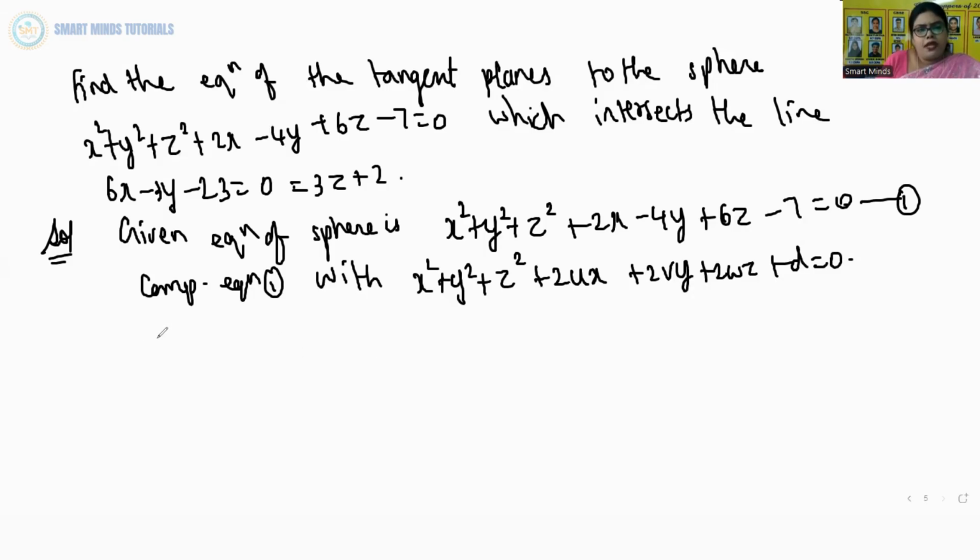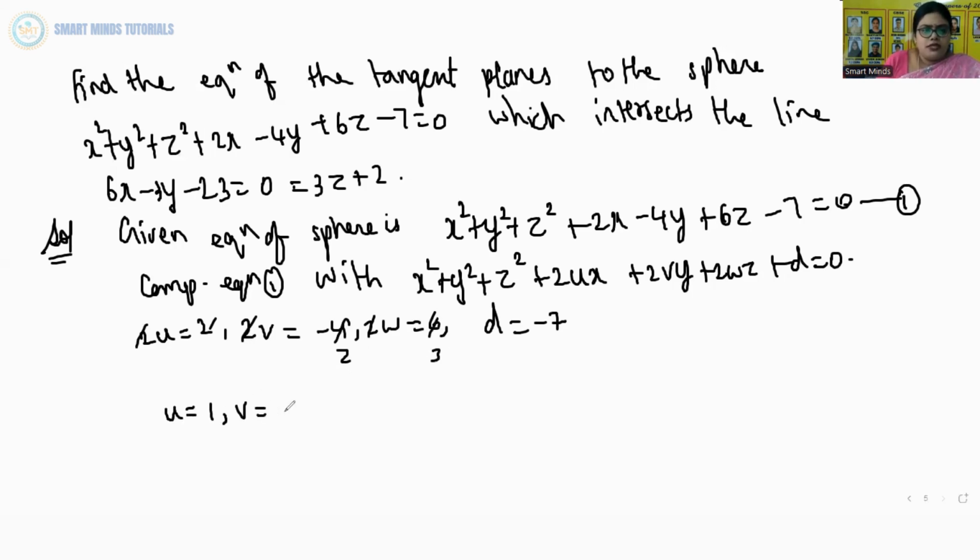So comparing, we get 2u is equal to 2, 2v is equal to minus 4, 2w is equal to 6 and d is equal to minus 7. So 2 ones are 2, 2 twos are 4, 2 threes are 6. So we get u is equal to 1, v is equal to minus 2, w is equal to 3 and d is equal to minus 7.